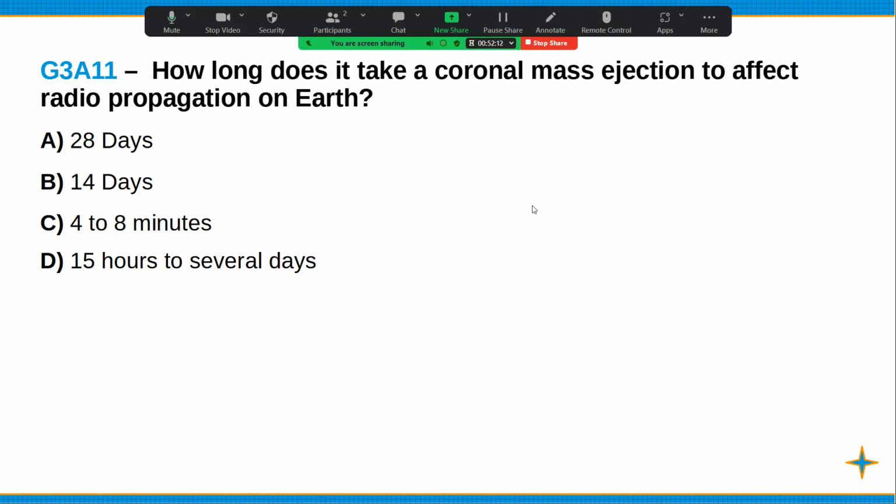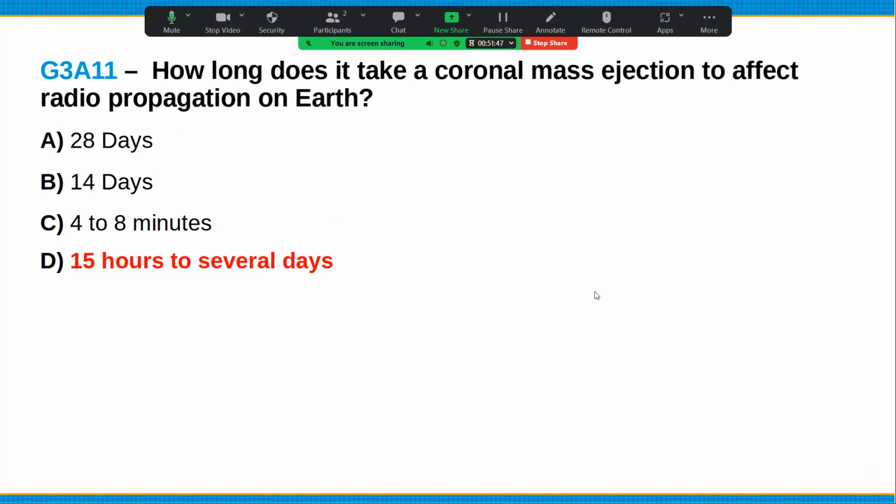How long does it take a coronal mass ejection to affect radio propagation on Earth? "15 hours to several days." Some of the things say 20 to 40 hours. In this newest question pool, it's 15 to several days.